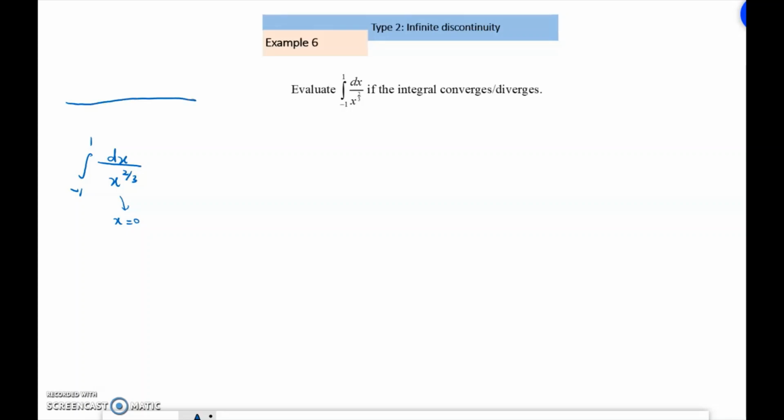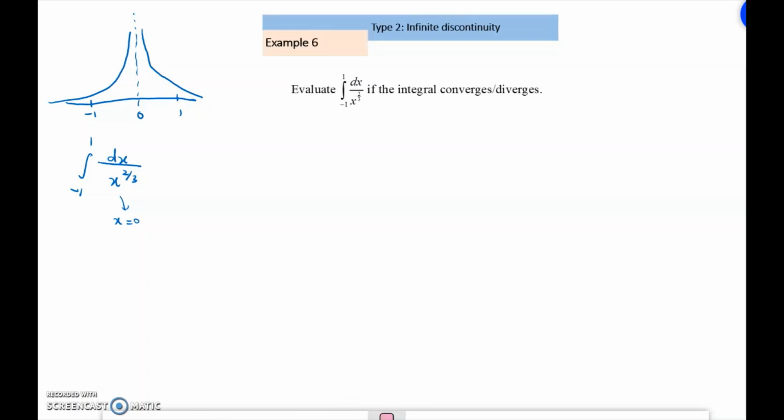So if we plot the graph, the interval starts from negative 1 to 1. So this will be like this. So when x is equal to 0, the function has infinite discontinuity here.